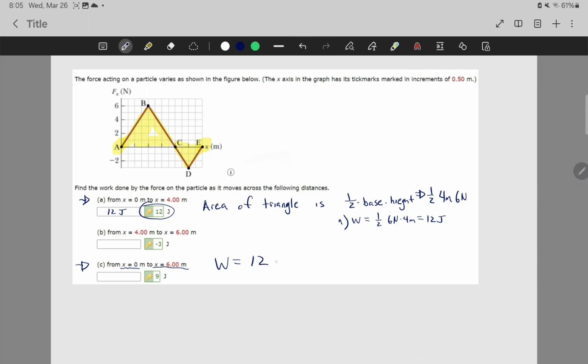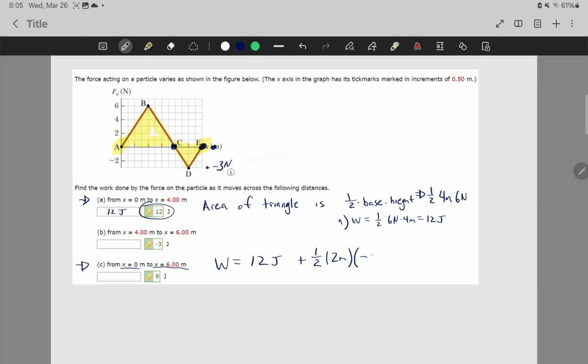So that's 12 joules plus the area of the smaller triangle, which is going to be half times the base, which is 2 whole meters, because it goes from 4 to 6, and the height goes from 0 down to -3.